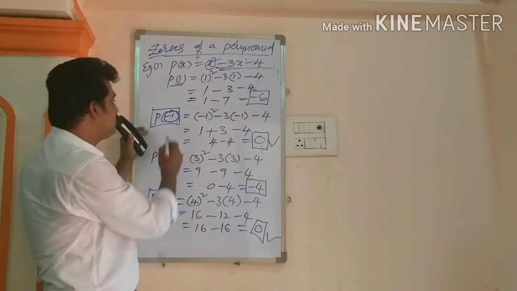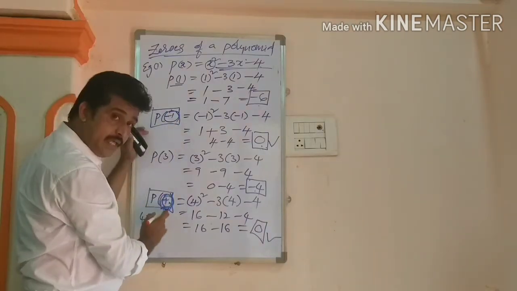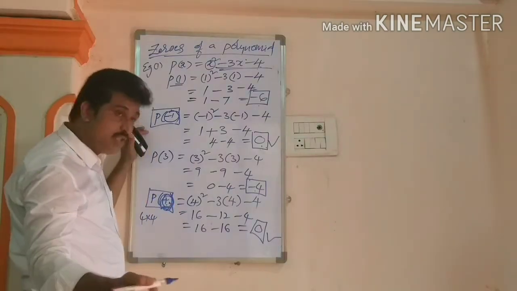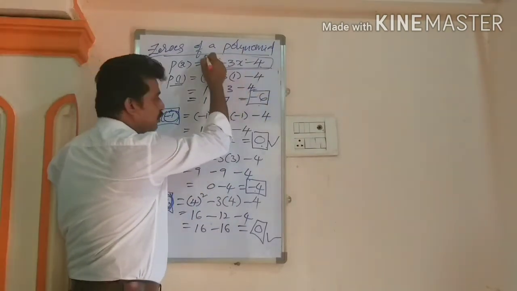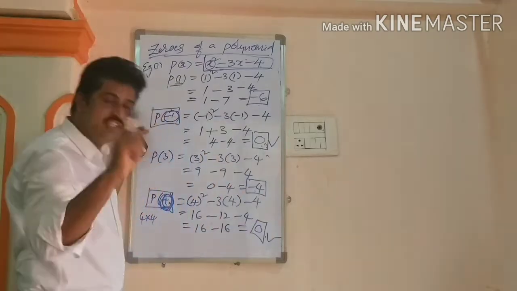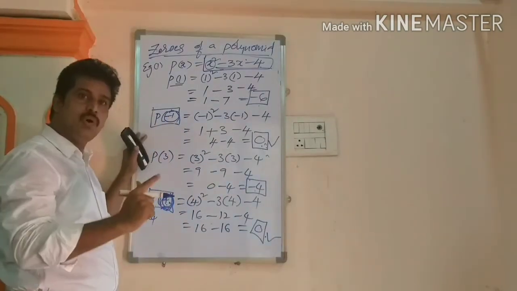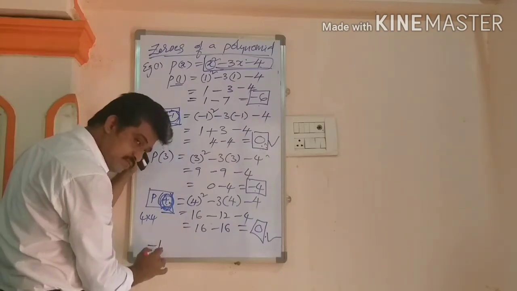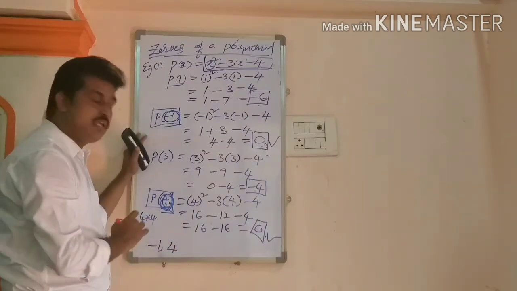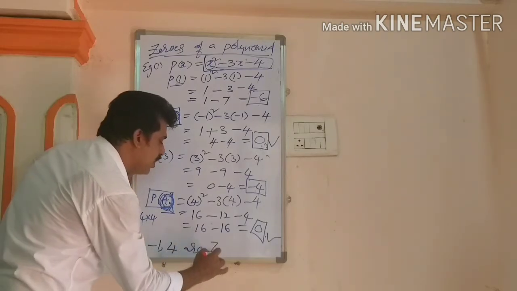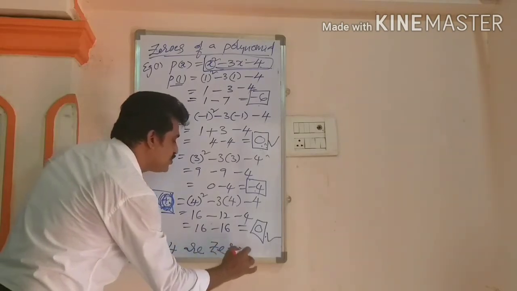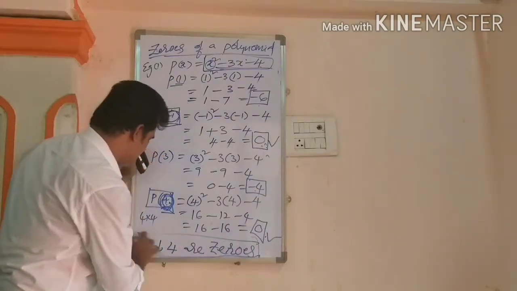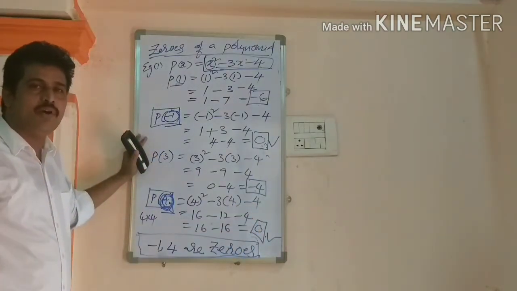Minus 1 and 4. For these values, the value of the given polynomial becomes 0. So, what are those values? Minus 1 and 4. These values are called zeros of a given polynomial. That's all. This is the zero of a polynomial.